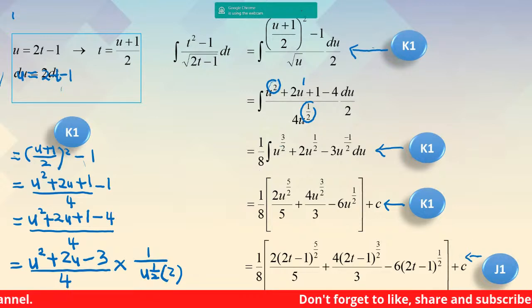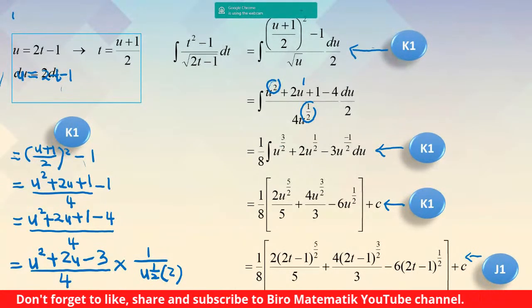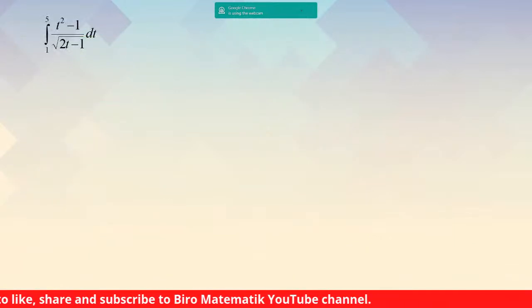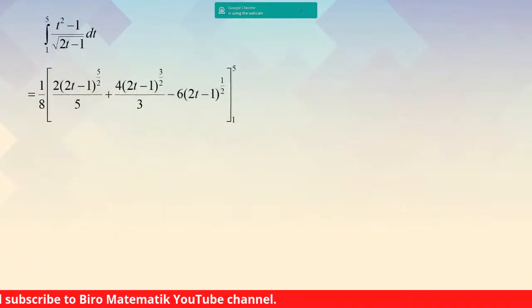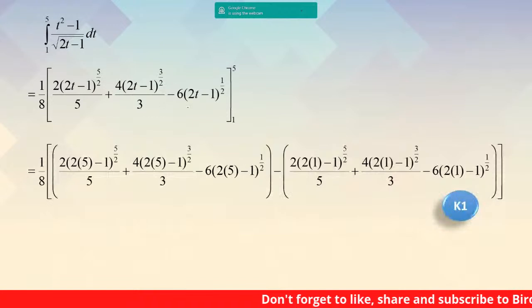Okay, then hence evaluate. So we are going to use this answer to substitute the limit 5 and 1. Okay, now substitute the limit. The limit 5, okay, upper limit minus lower limit. Okay, 5 minus 1.